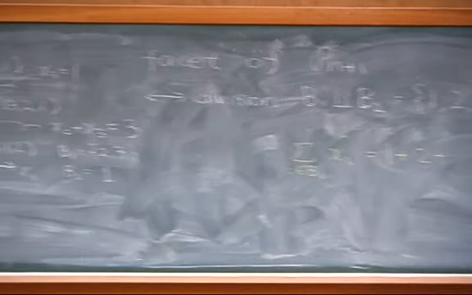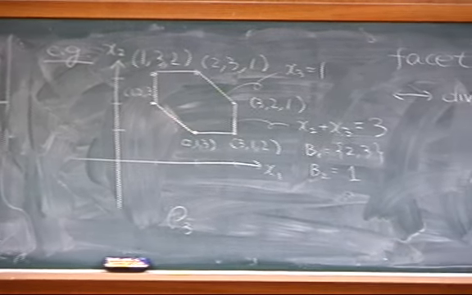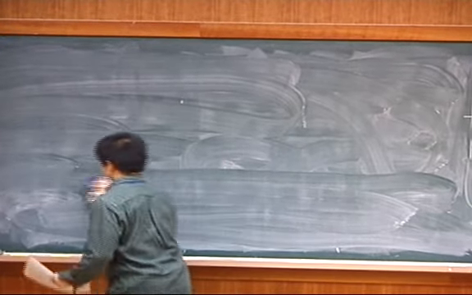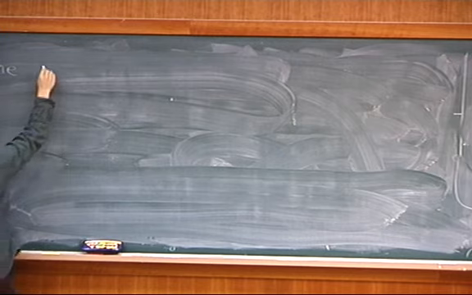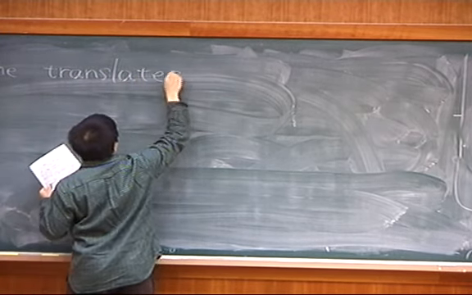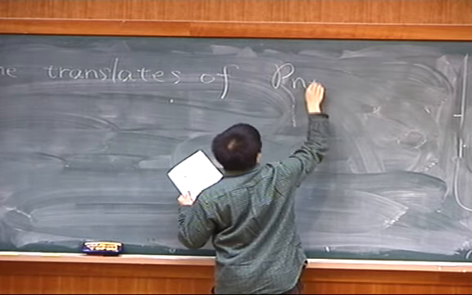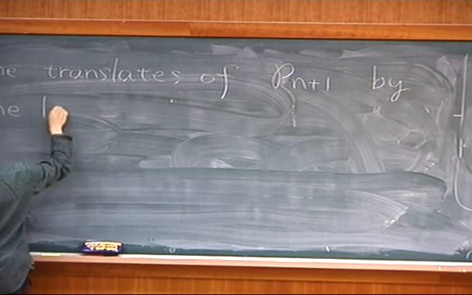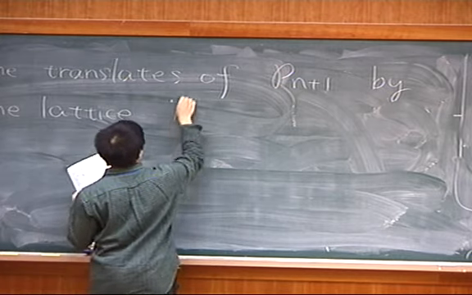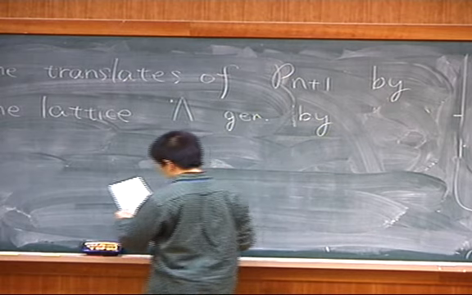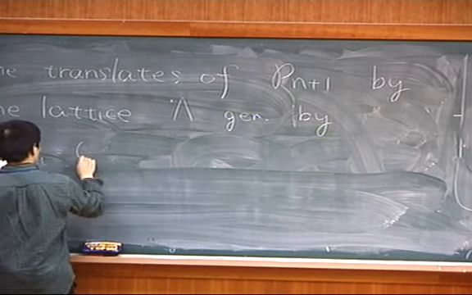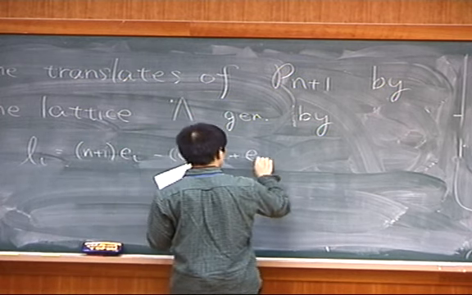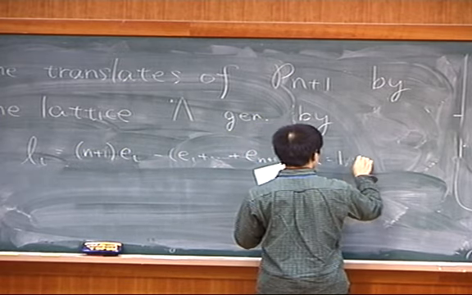And the translates of this Permutohedron by the lattice Lambda generated by L_i, which is n plus 1 times e_i minus (e_1 plus ... plus e_{n+1}), where e_i are just the coordinate vectors and i runs from 1 to n plus 1.